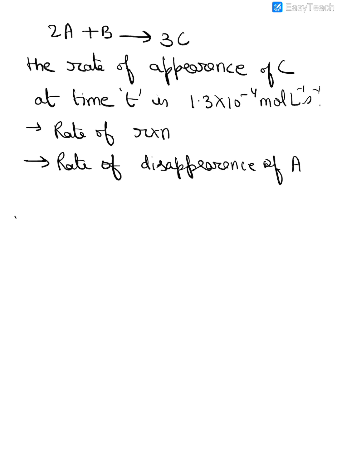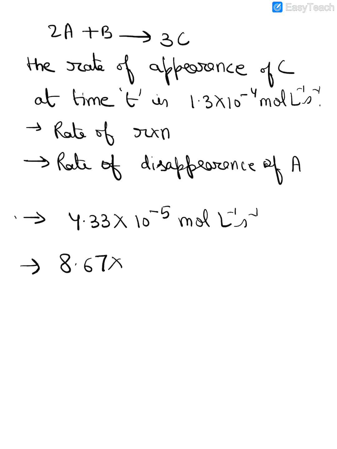So the answers will be, for the rate of the reaction for the first part, 4.33 into 10 to the power minus 5 moles per liter per second, and for the second part the answer will be 8.67 into 10 to the power minus 5 moles per liter per second. Try to solve the numerical, you will get the answer. If in case you get stuck, just let me know.